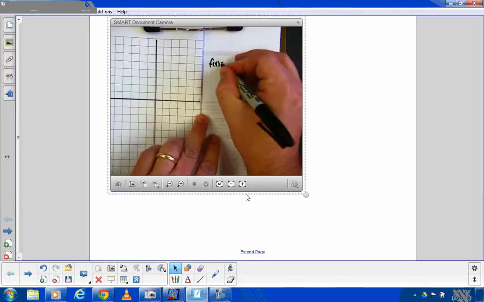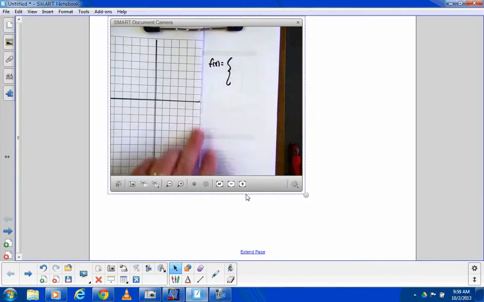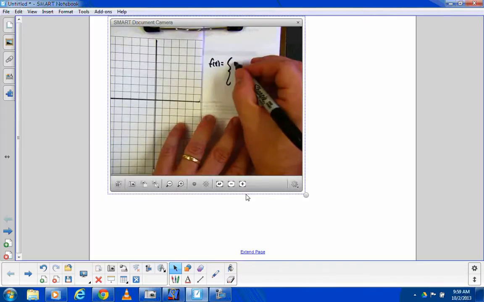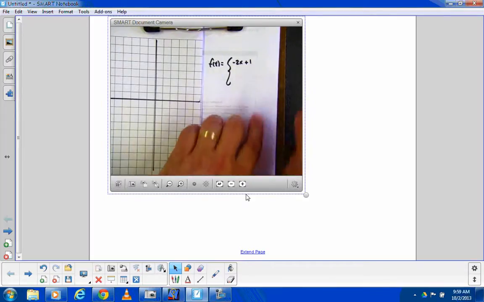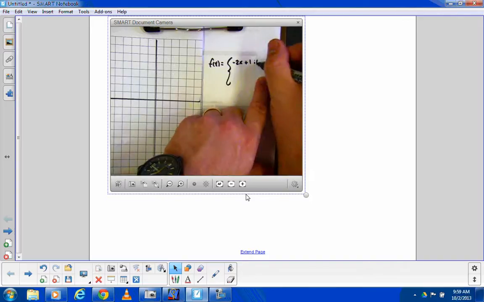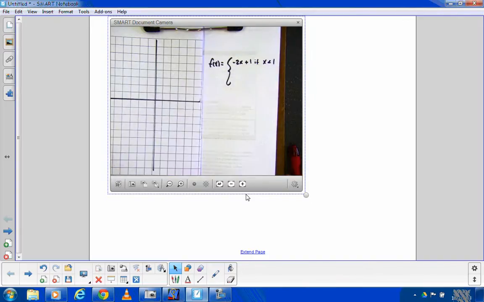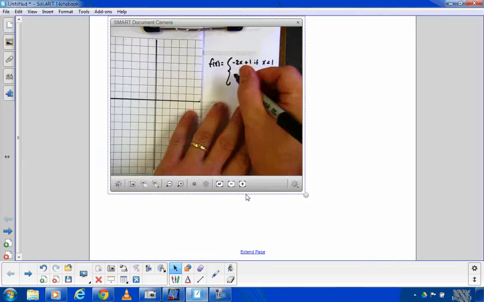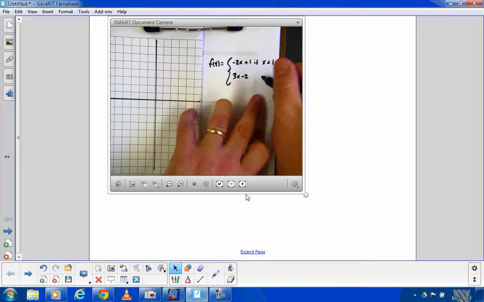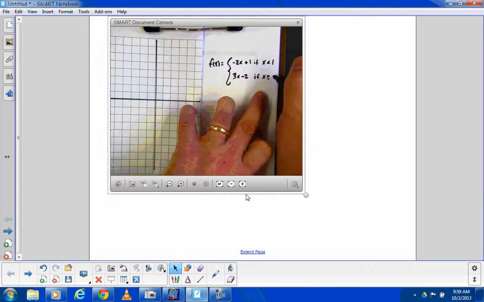All right, so we say I have f of x equals, okay, so we'll make it just in two pieces here. So we're going to do negative 2x plus 1 if x is less than 1, and then 3x minus 2 if x is greater than or equal to 1.